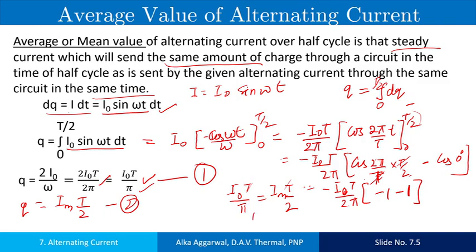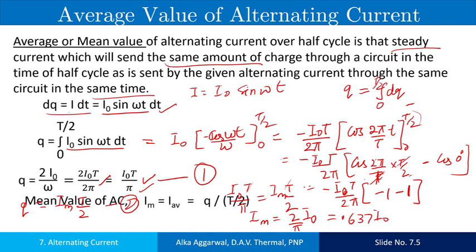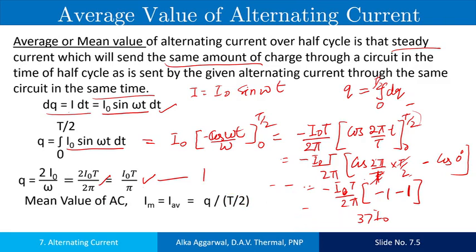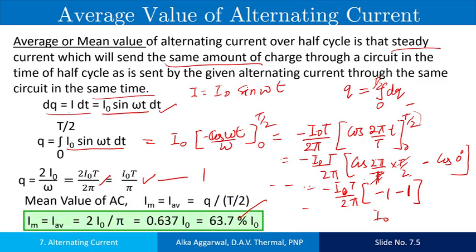Cancel out and I m is equal to 2 upon pi into I naught, which is equal to 0.637 times I naught. Okay, clear? Is this expression clear now? So the mean value or the average value is 0.637 times I naught.